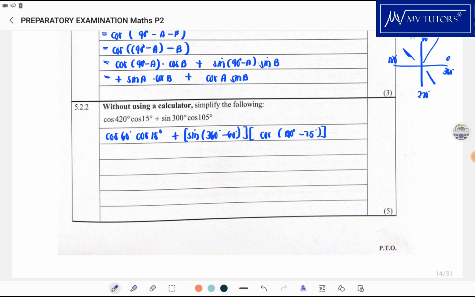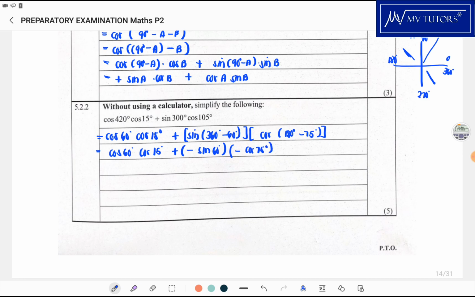All right, let's go ahead again. So I have cos 60 cos 15, plus negative sine 60 times negative cos 75.